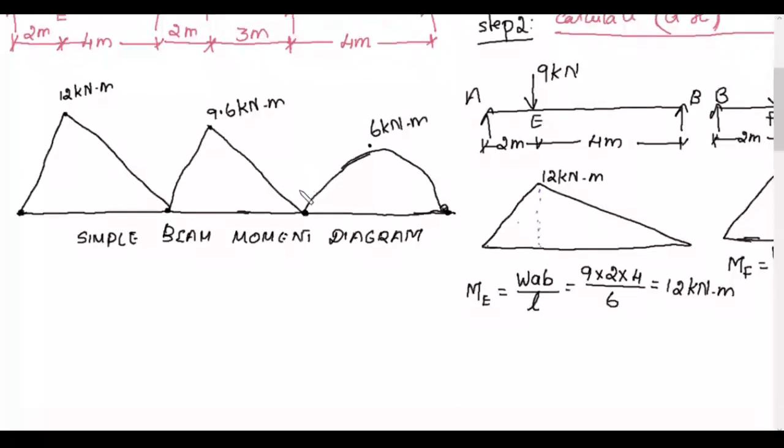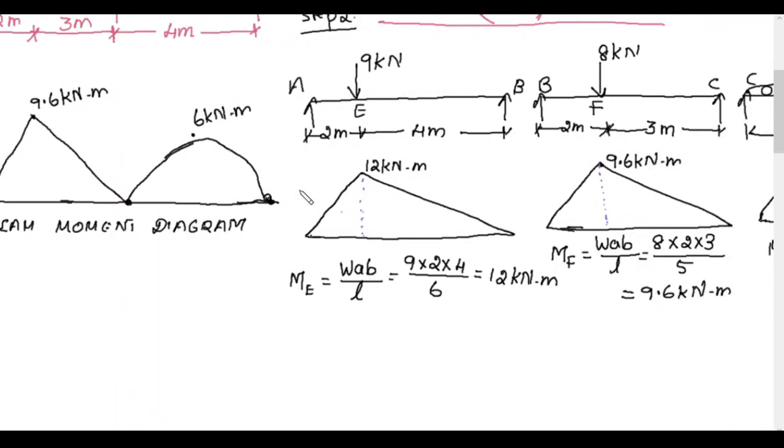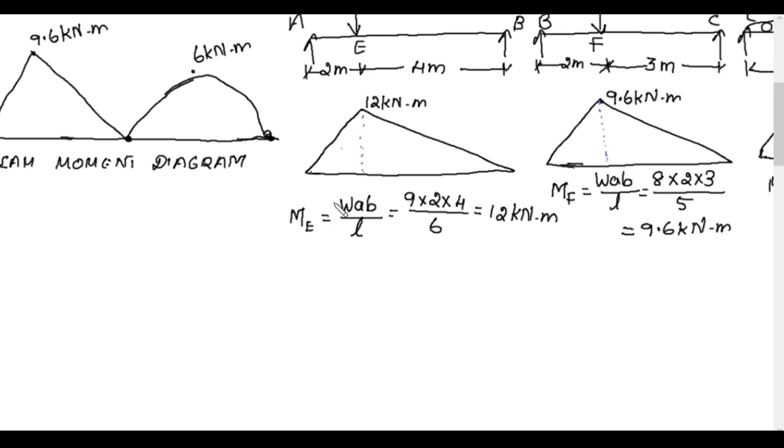Now we will calculate the area and the centroidal distance. For the first span AB, the area into centroidal distance will be equal to, so we have divided this into two parts, two triangles.